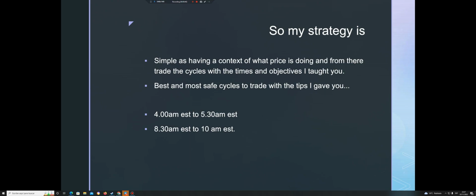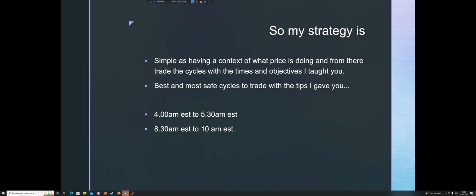Then I wait for the first cycle of New York to give me information, the fake moves, the market protraction. I wait for that. Then I come back at 8:30. I wait for those 30 minutes to collect information to see how price is being formed, and from there I place a buy or a sell based on the context of what price is doing, based on liquidity and all of that.